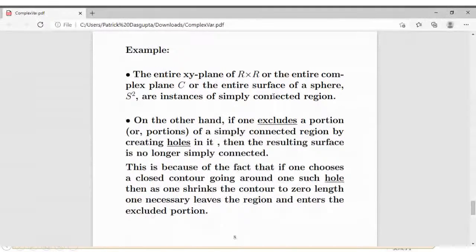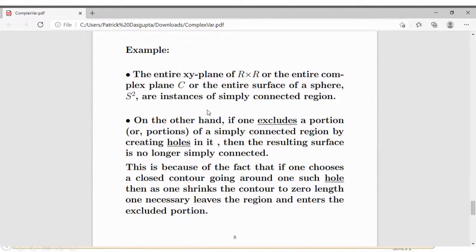Now let's consider what could be the examples of regions which are not simply connected. So imagine that you take any of these simply connected regions and puncture them. You create holes in them. So take a plane and take a region of the plane and remove it altogether.